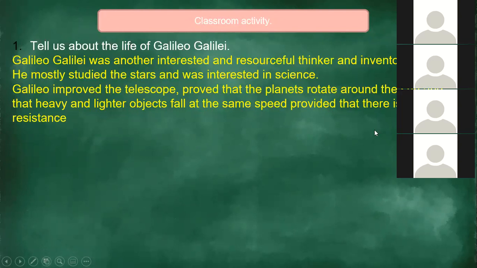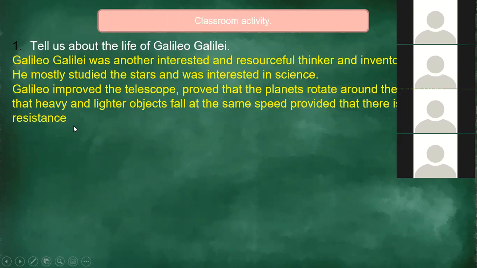So when you are writing a test, maybe they say, tell us about the life of Galileo. You can tell them that he was an interesting and resourceful thinker and inventor, okay? He mostly studied the stars and was interested in science, okay?